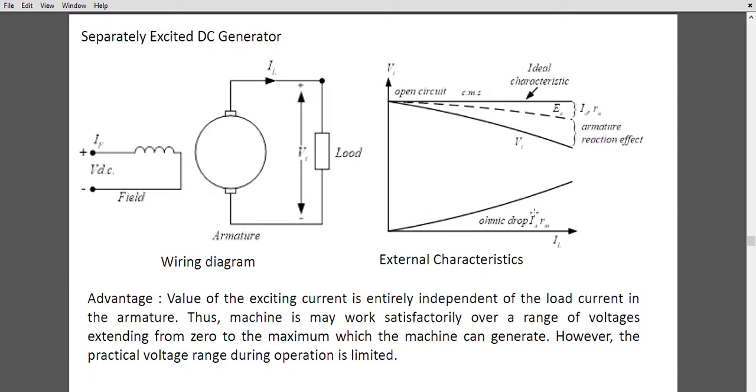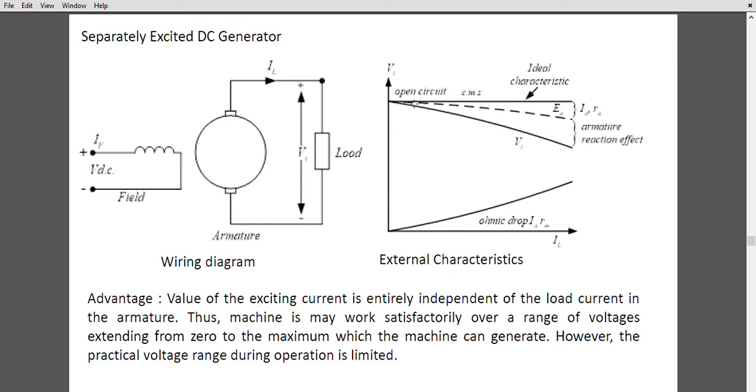Now, in the separately excited DC generator, we can see that here another field is applied, which is a DC source applied to this DC generator, where the output terminal is connected to a load.